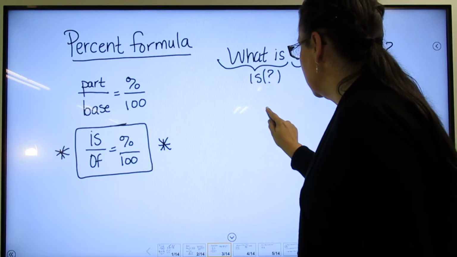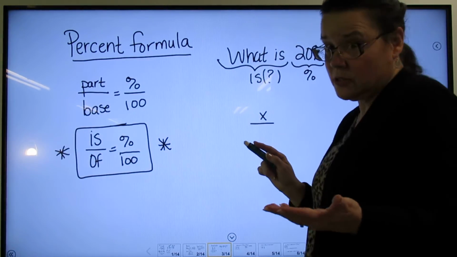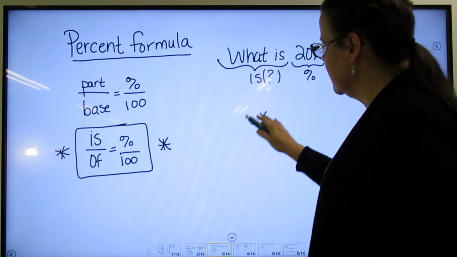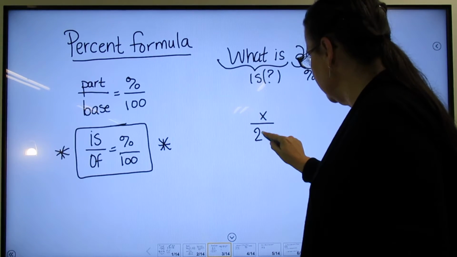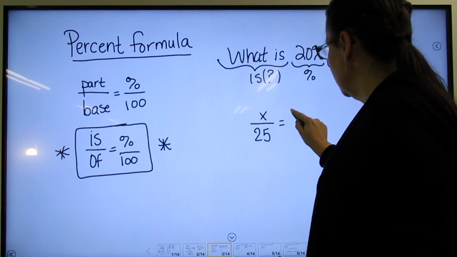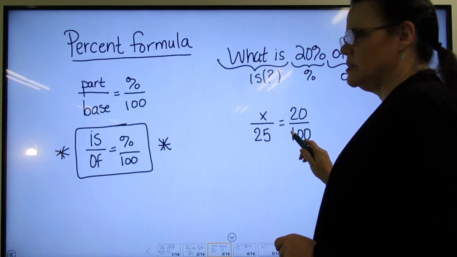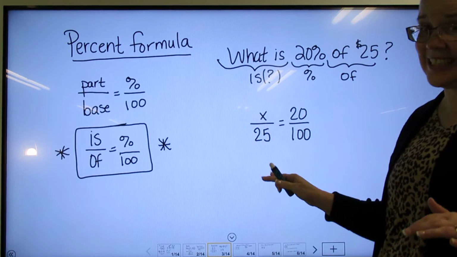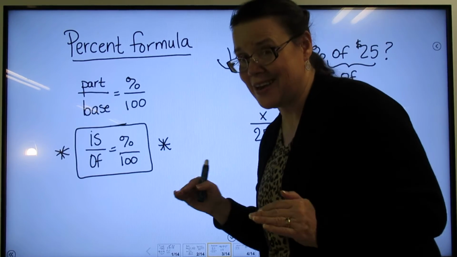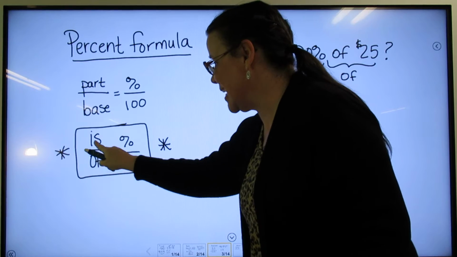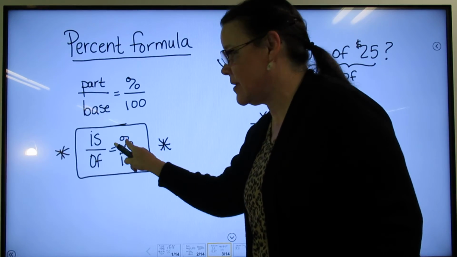What's my is? We can call it x for the unknown because we don't know. And then we can say of 25 equals 20 over 100. And I get a lot of questions about, will that always be 100? Yes, that never changes. This 100 never changes. The only things that will change in the sentence are the is, of, and the rate.